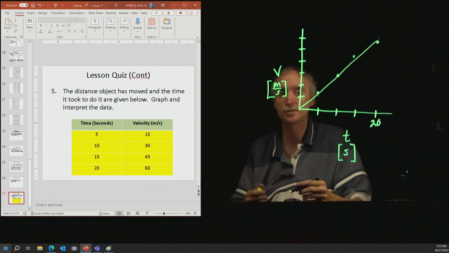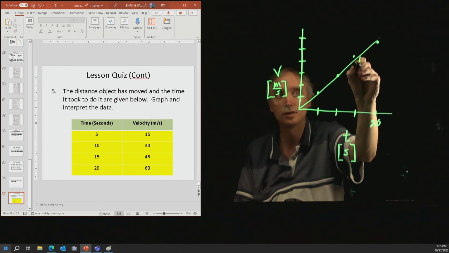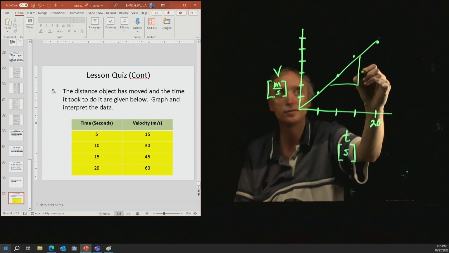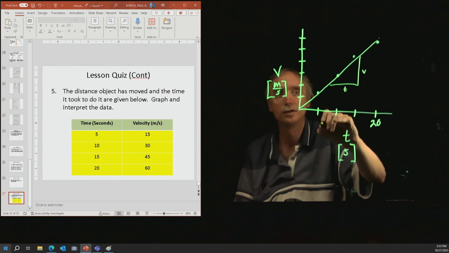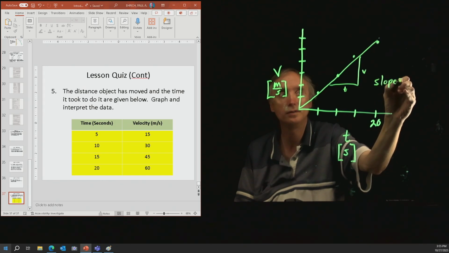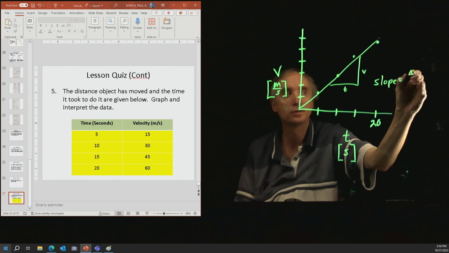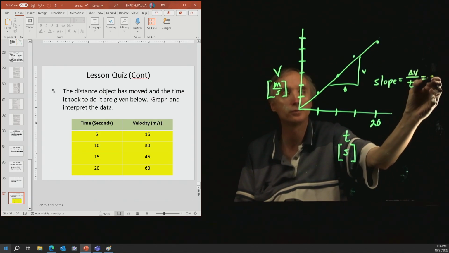What is the slope of a velocity versus time graph? It's going to be rise over run. The rise is going to be velocity, the run is going to be time. So the slope is going to be the change in velocity over time, but that is acceleration.